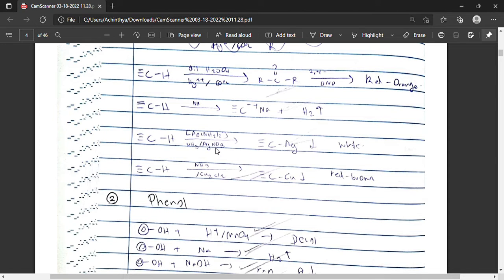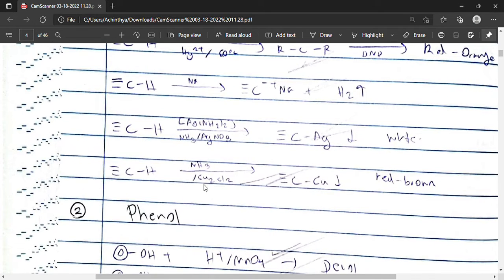By adding Tollens reagent to an alkyne group, we will get a violet color precipitate, triple bond C Ag. We can do so with ammoniacal copper chloride as well, NH3/Cu2Cl2, in which case it will form a red-brown precipitate, which is basically triple bond C Cu.